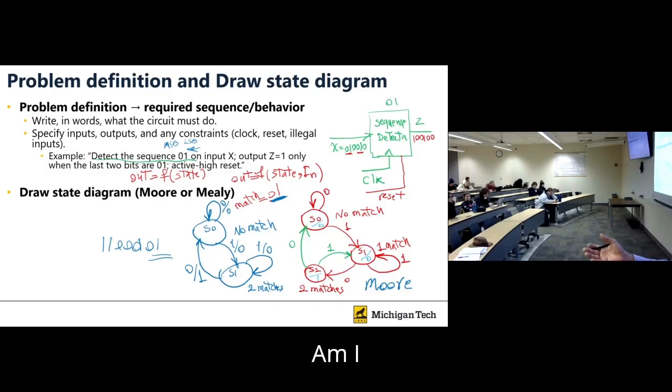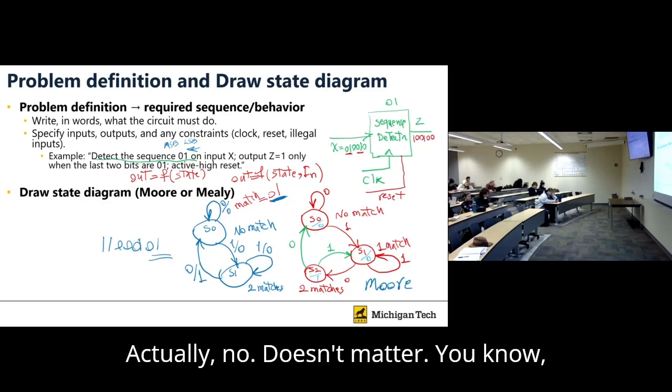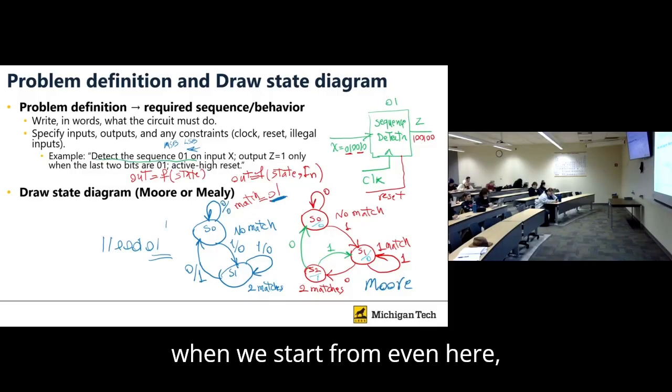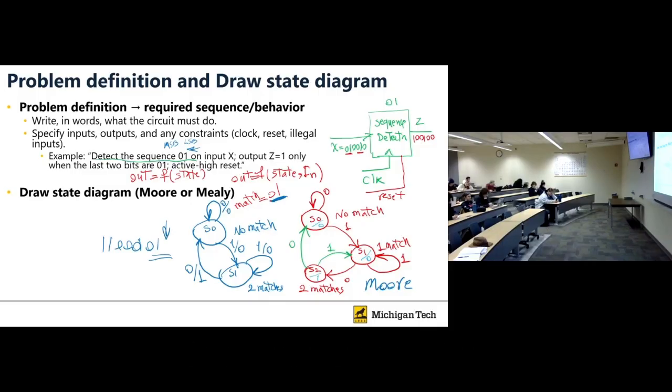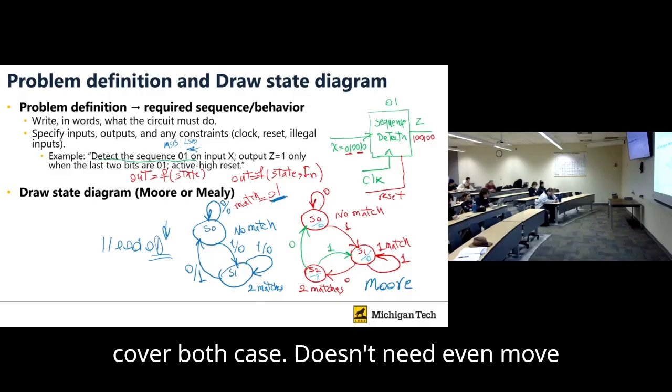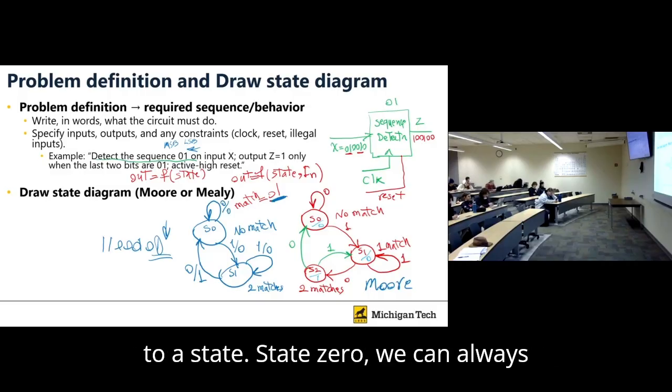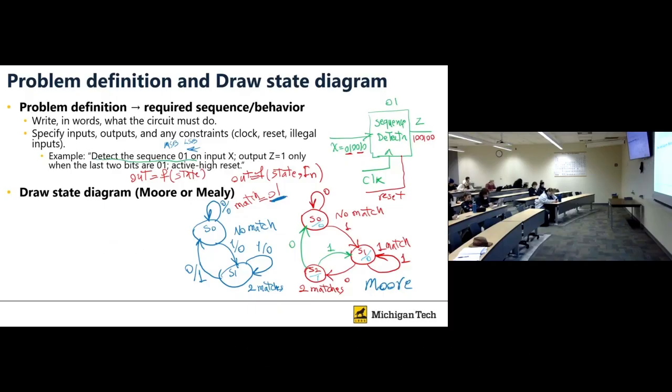The first input, am I right? Actually, no, doesn't matter. You know, when we start from even here, well, yes, I think this covers both cases. It doesn't even need to move to a state. State 0, we can always start from state 0. Let's see.